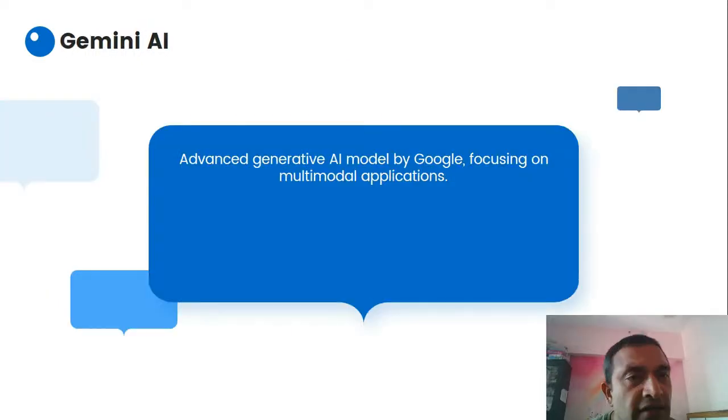Gemini AI, we already know it is coming from Google, right? So advanced generative AI models by Google focusing on multi-modal applications. And you will see inside Gemini, you will see Vertex AI and the Studio, you can use it. And there are subcategories of models you can use also. In the same way, if you are using Amazon, you can use text and video generation and different other purposes, right?